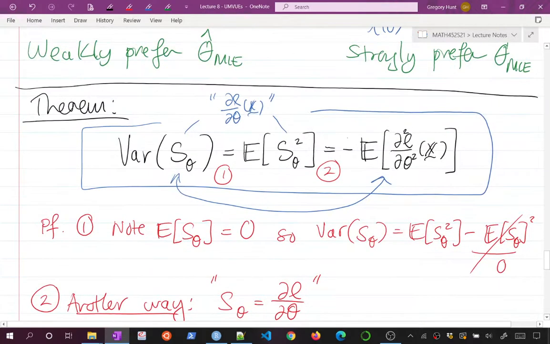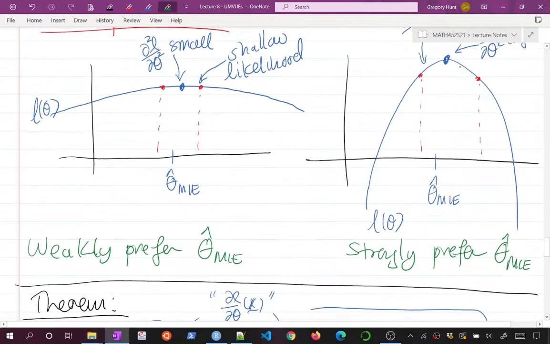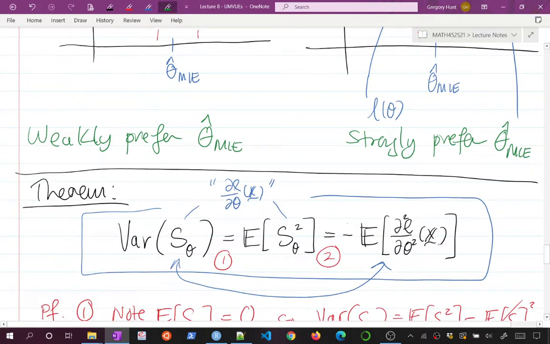So the point of this theorem, which we proved, is that the variance of my score tells us something about the absolute value of the concavity. The variance of my score tells me how concave, on average, the expected value of the second derivative of the log likelihood is.